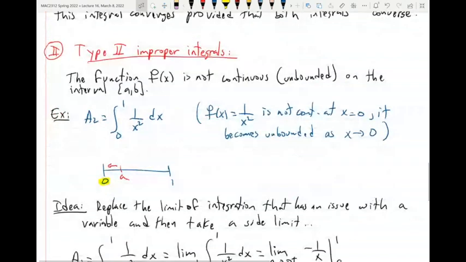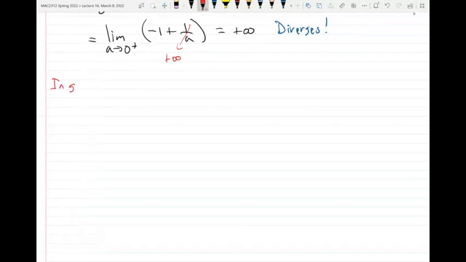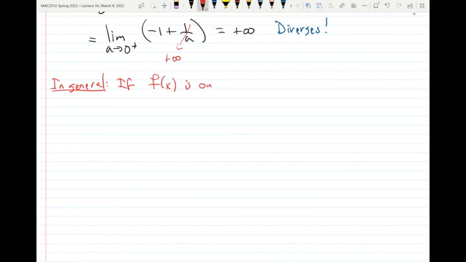Okay, so let's see. We did a type 2 improper integral, so let me say it in general. So in general, if f of x is unbounded on the interval from a to b, but continuous on the half-open interval, half-closed, however you want to call it, from a to b, including b, not including a.